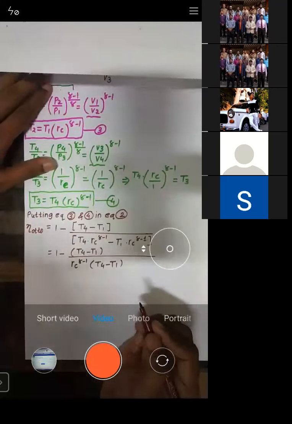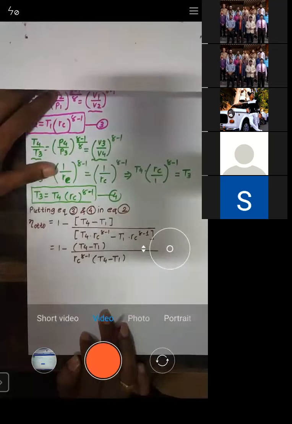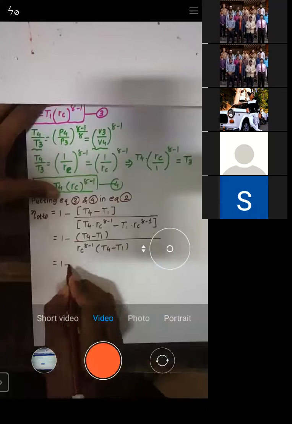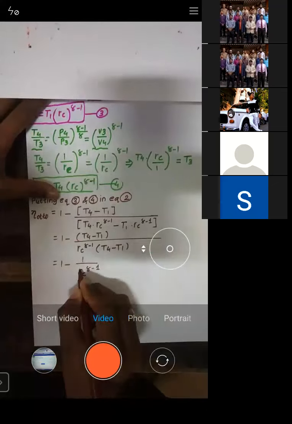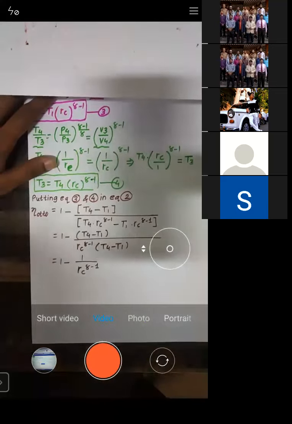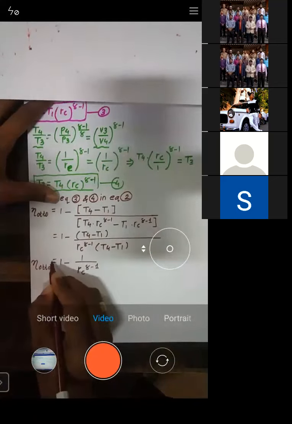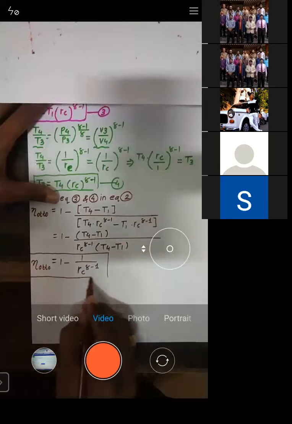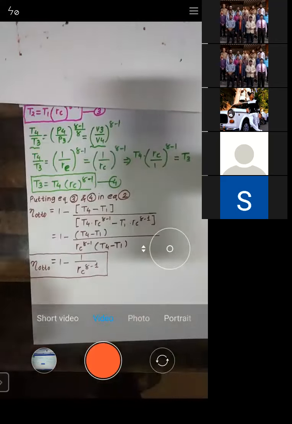So this gets cancelled, and remaining is 1 minus 1 upon RC raised to power gamma minus 1. Okay. So this is the formula for efficiency of Otto cycle: 1 minus 1 upon RC raised to power gamma minus 1.